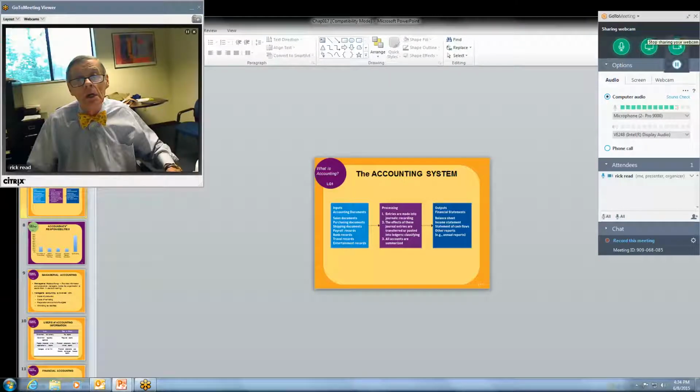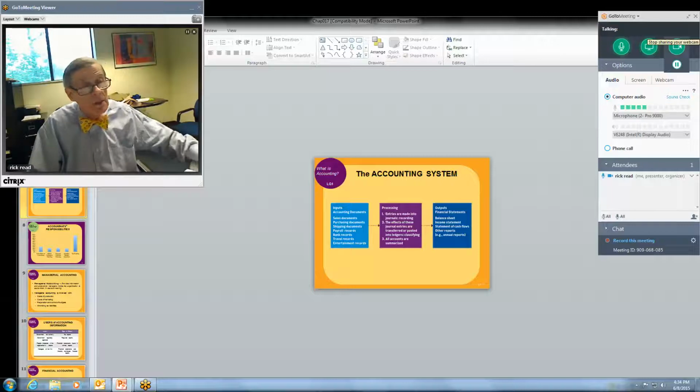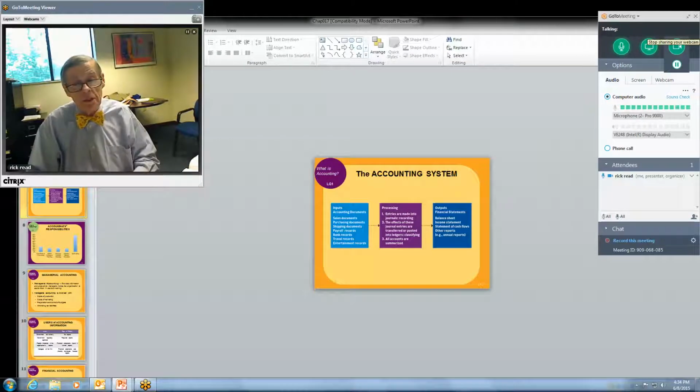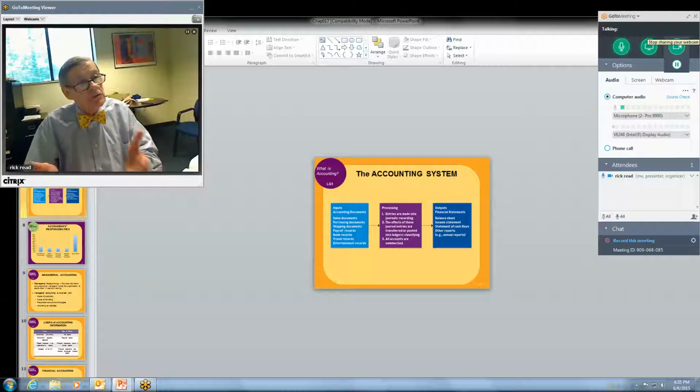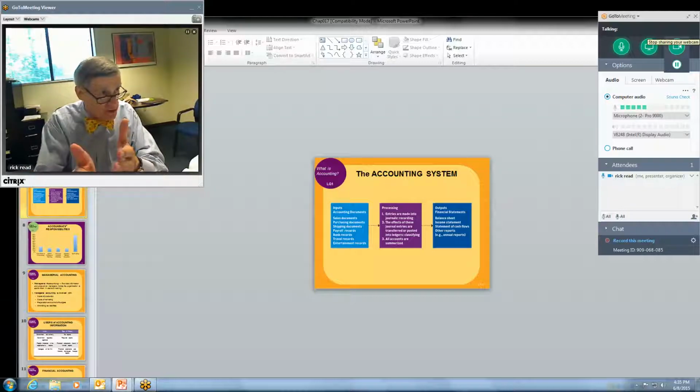But you can see this graphically displayed, the figure 17.1 on page 465. And what this is, it shows the inputs. That's the information that comes in, and this is different type things, expense accounts, payroll records, and things of that nature. It goes through a processing system or systems.